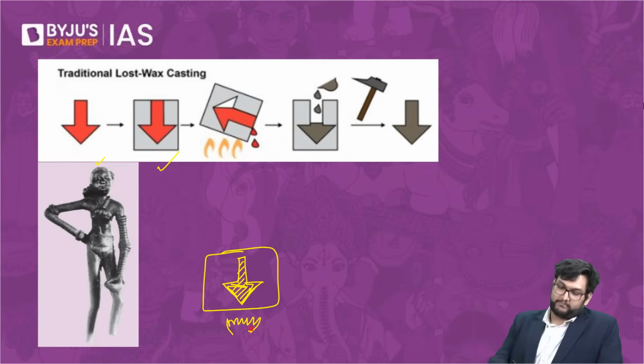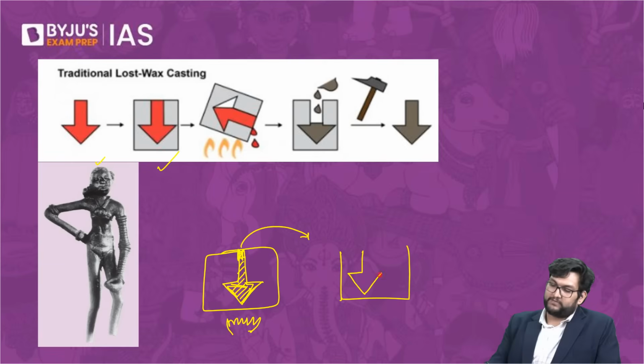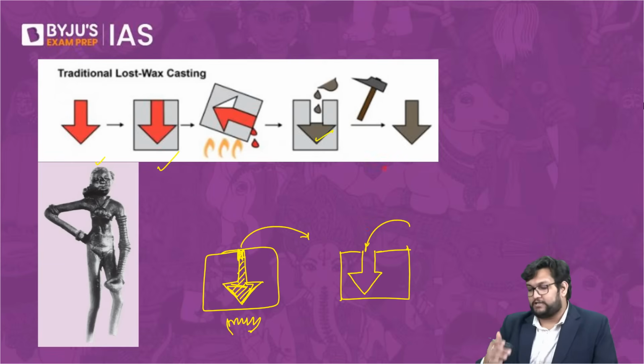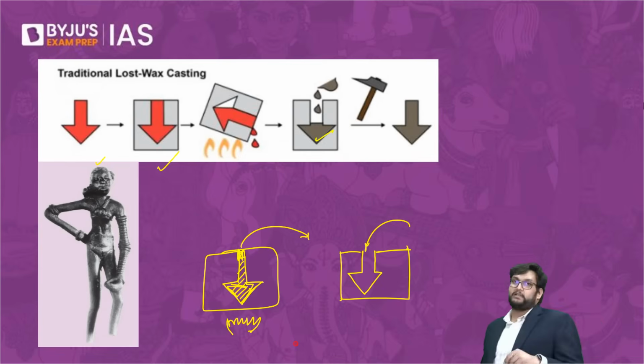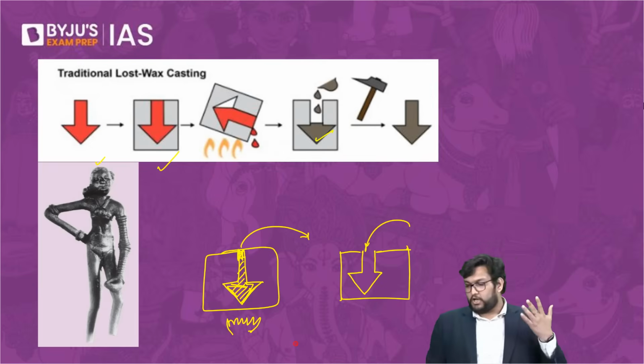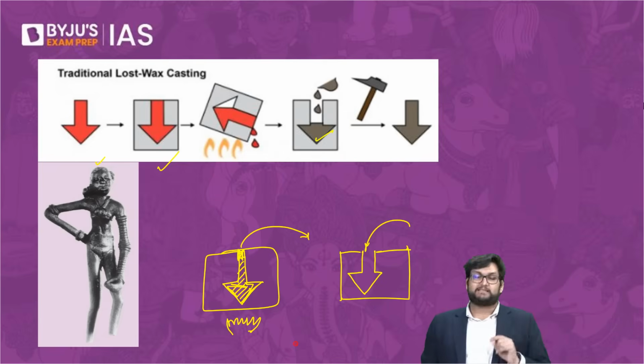It melts. When it melts, you take out the wax from it. So what will be left is basically a mold which was previously in wax. And then you pour the metal into it and then you break the mold. So what you get is basically the object in bronze. That's why it's called lost wax technique. Because we lose the wax in the process, it's called lost wax technique.